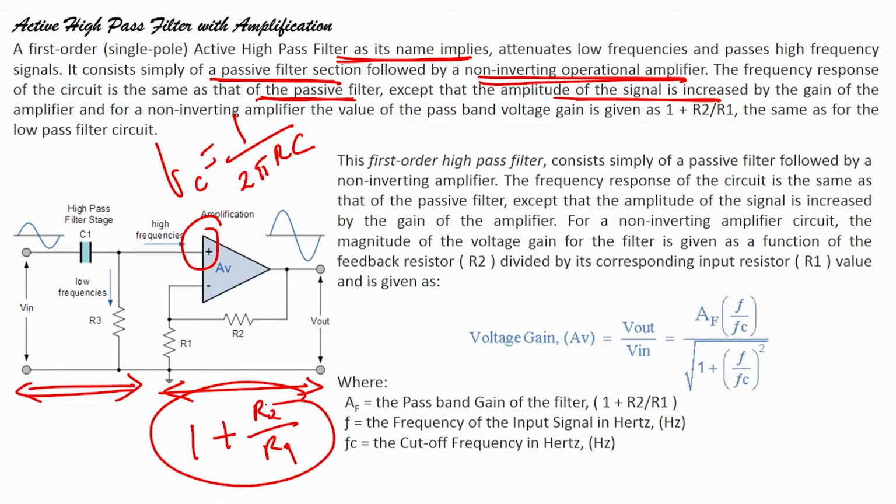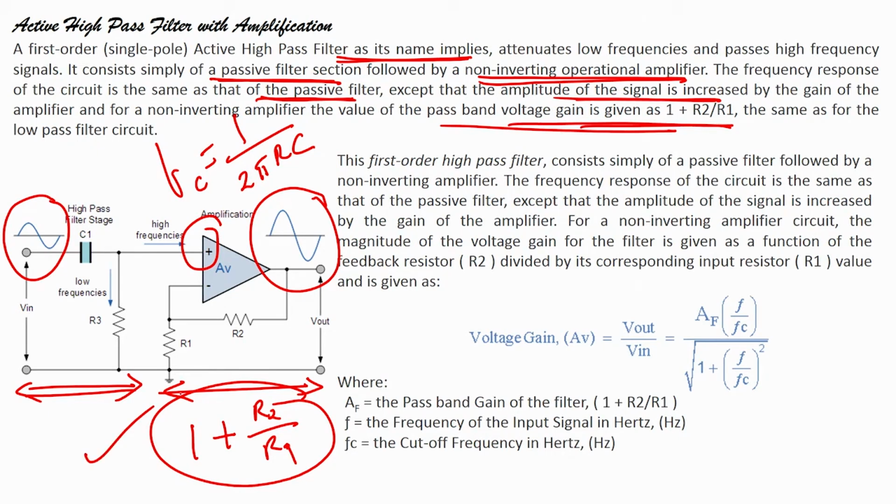So, we can change the gain, and that is why in the symbolic representation of the input and output signals, we can see that the output is an amplified version of the input, correct. For a non inverting amplifier, the pass band voltage gain is 1 plus R2 by R1, which we already talked about, and that is the same as for the low pass filter.